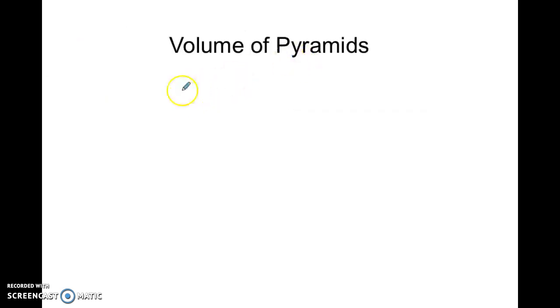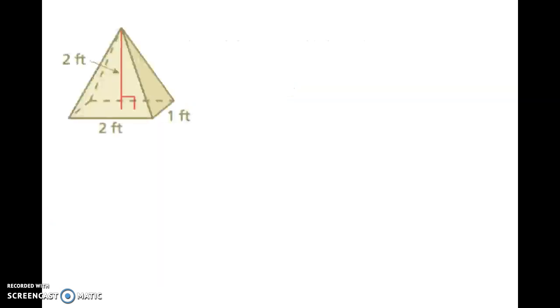Now let's move on to volume of pyramids. Volume of pyramids is just a little different. Volume equals 1/3 base area times height. So our first example, let's start with volume equals 1/3 base area times height. We need to identify the base area.